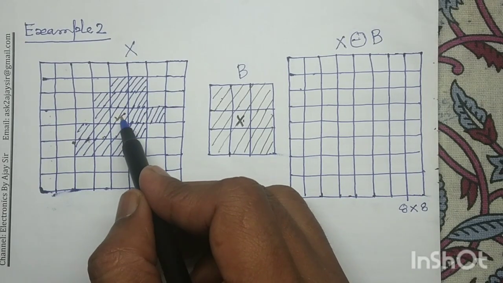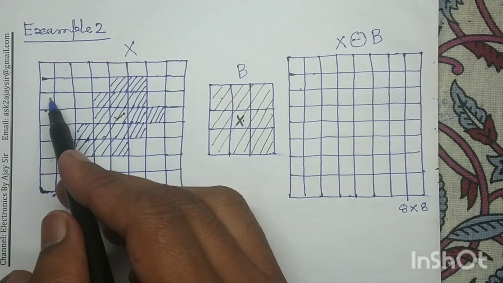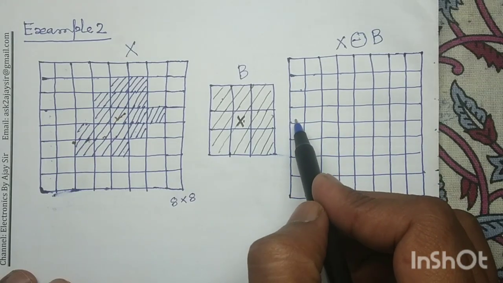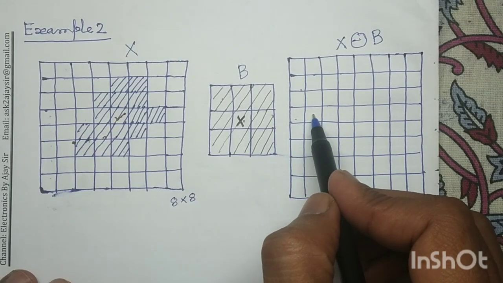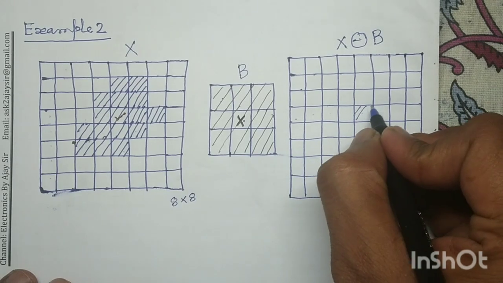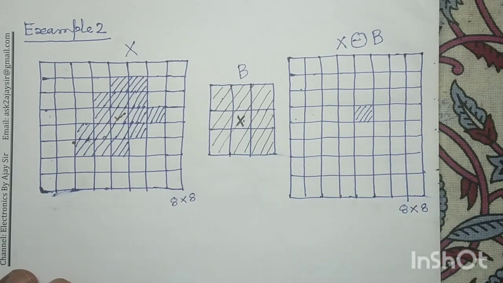So only this pixel will be the part of the eroded output, right?